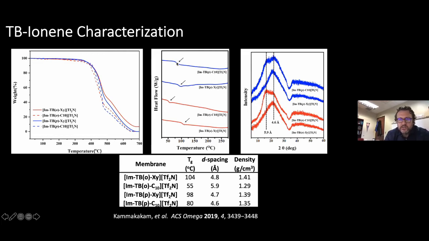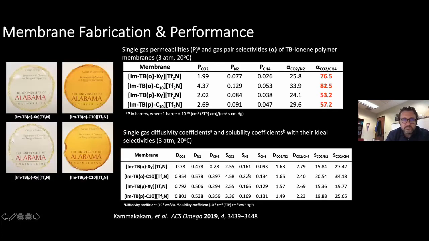Clearly the decyl groups, the alkane groups, are more flexible, so we see lower Tgs on those, and in the XRD there's some influence of the structure as well. And the polymers, we should point out too, with these ionenes, are quite dense, because we have these structures and the TF2N anion, which we know is quite dense. So these polymers have densities of about 1.3 to 1.4.